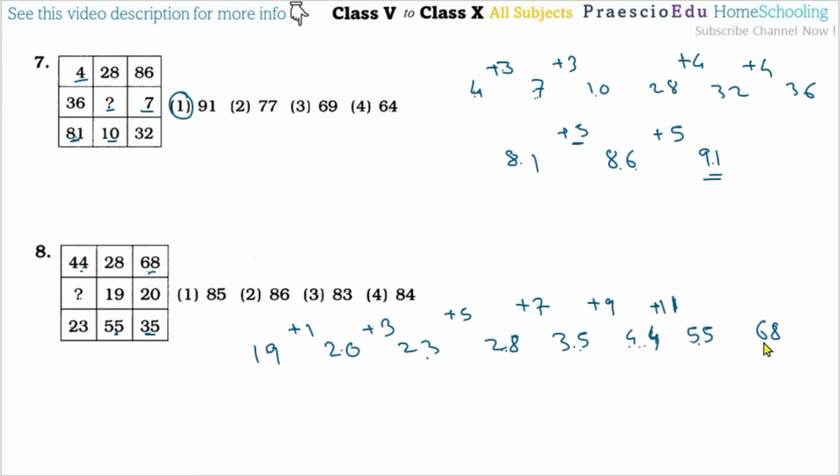So from 55 to 68 there is a 13, means additions of 1, 3, 5, 7, 9, 11, 13. So here 15 we have to add. So 68, if we are adding the 15, we are getting 83. So 83 we can replace to the question mark. So 83 is given in option number 3.